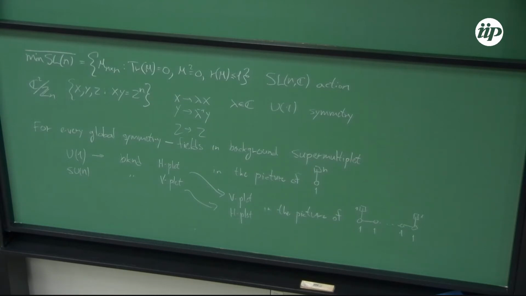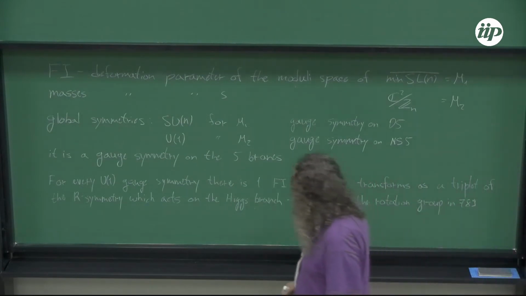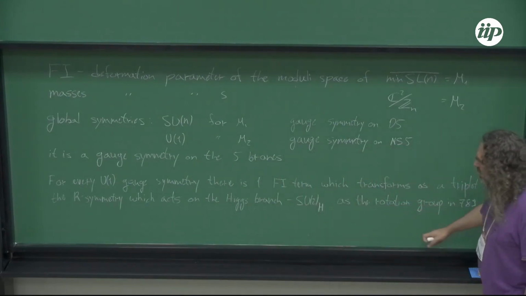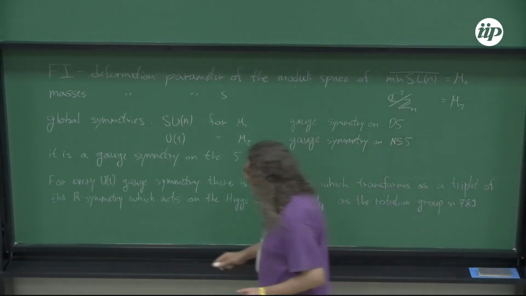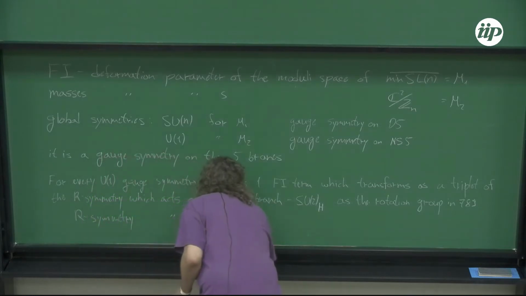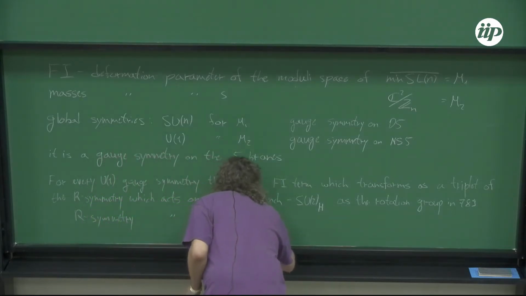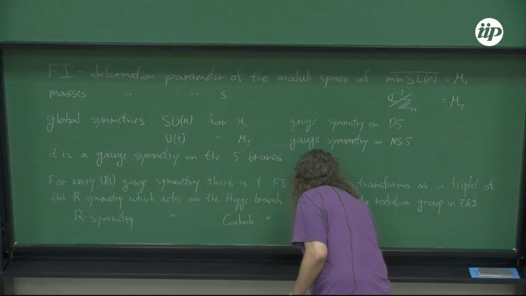You see, yes, just by symmetry. Here I specified the R symmetry which acts on the Higgs branch. There's also an R symmetry which acts on the Coulomb branch. And I will call it SU(2)_C.